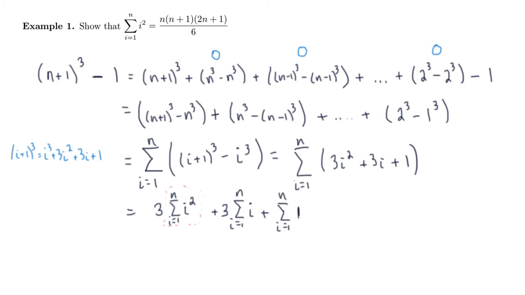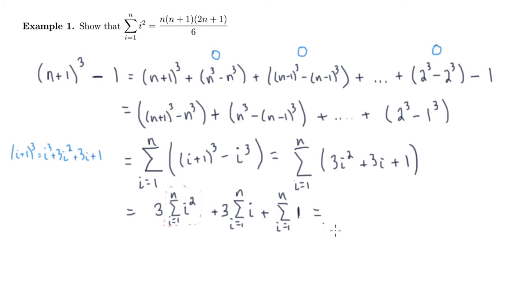Okay, so technically I've used the distributive property to factor out this 3, and then the associative property: instead of adding this term plus this term, I'm just adding up just these terms and just these terms and just these terms.